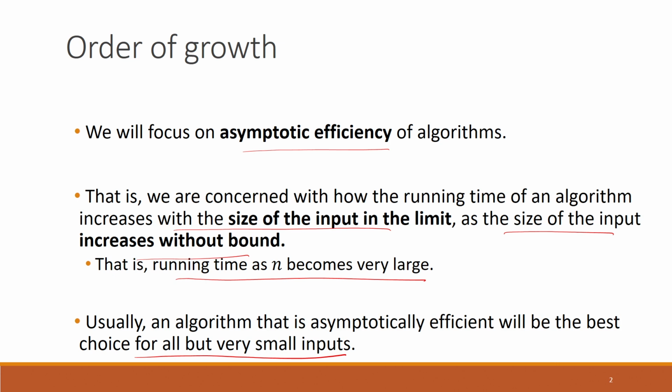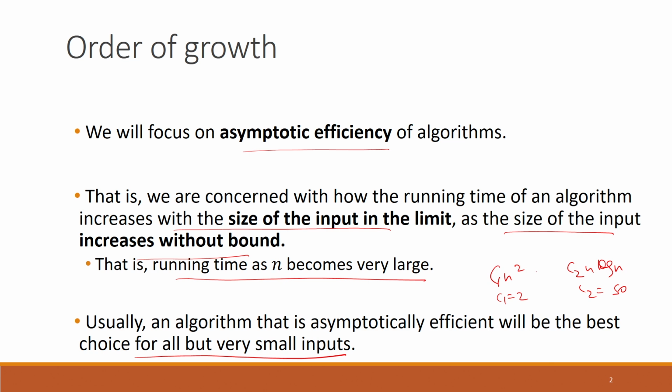For example, last time we had a first algorithm taking C1 n squared operations and another one taking C2 n log n. Suppose C1 is 2 and C2 is 50. When n is very small, the first algorithm is more efficient compared to the second algorithm.